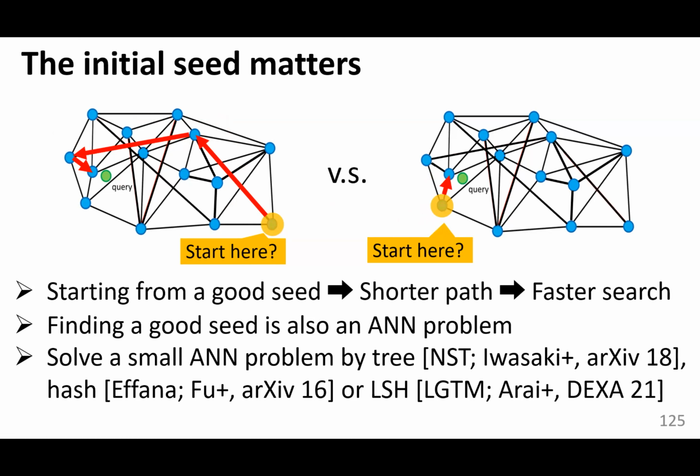But finding a good seed is also a nearest neighbor search problem, right? Of course. So it's hard. So usually some researchers propose solving this problem with a lightweight, weak nearest neighbor search algorithm, like a tree or hash or LSH. Then we can get a good seed, and then start the main search.